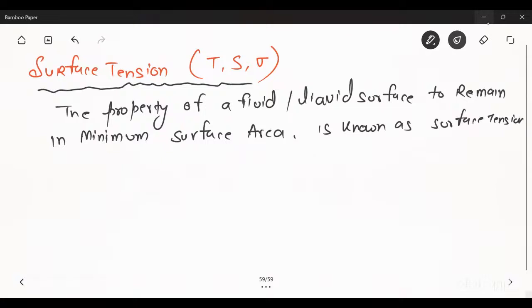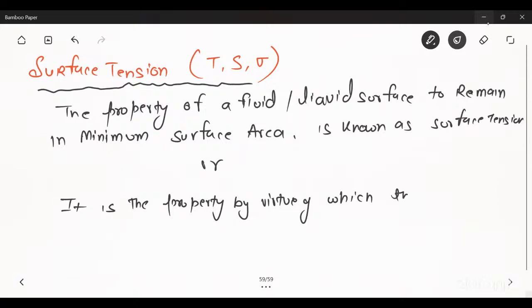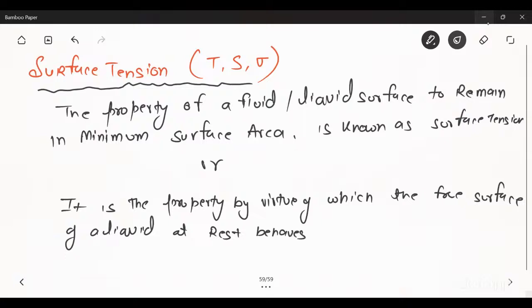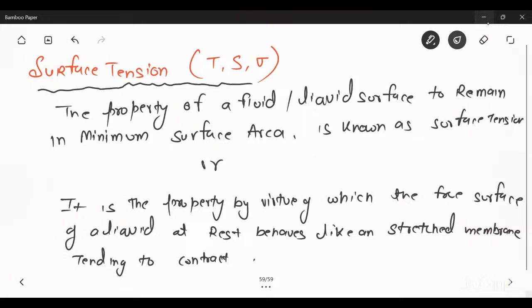Or you can say that it is the property by virtue of which the free surface of a liquid at rest behaves like a stressed membrane, tending to contract so as to occupy minimum surface area.